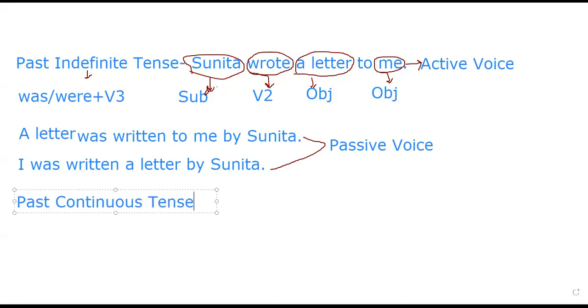In past continuous tense, here we will be using was, were, plus being, and plus verb third form.